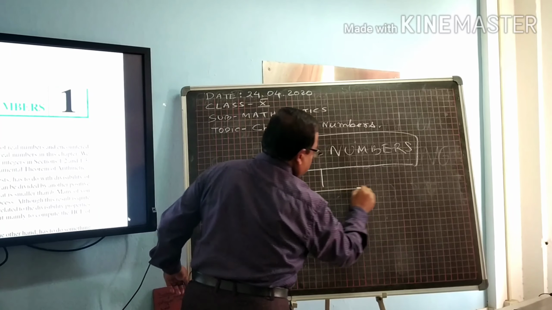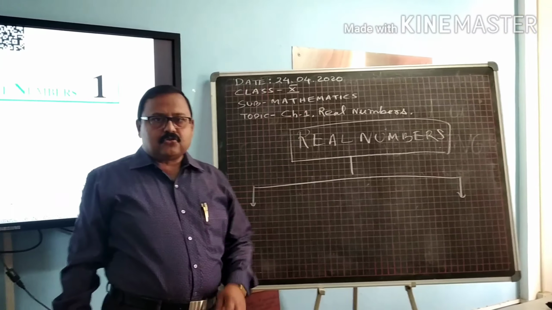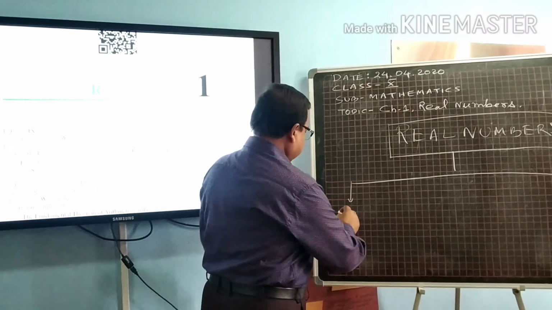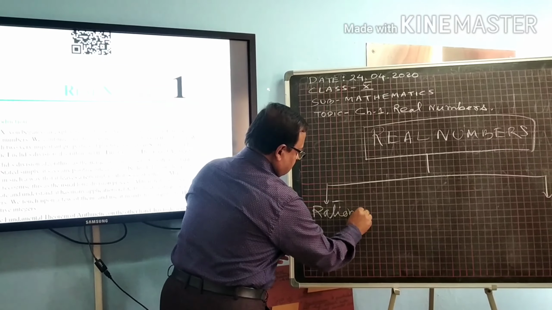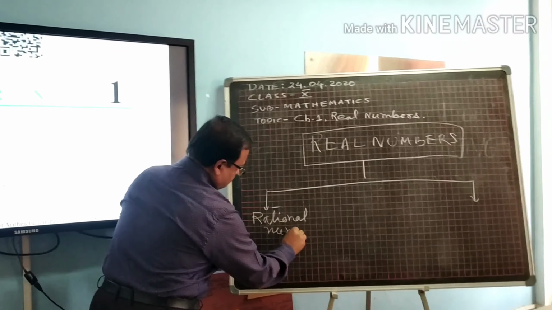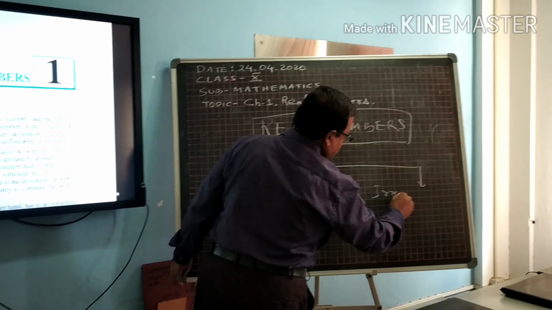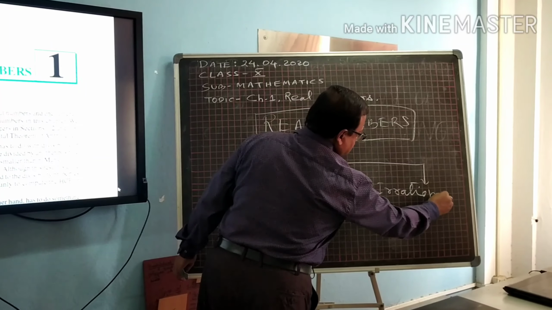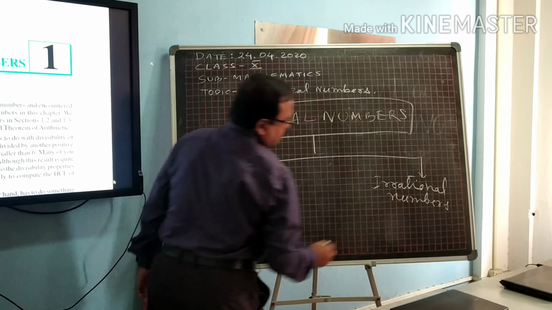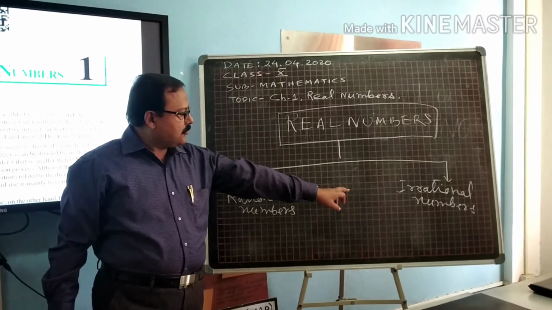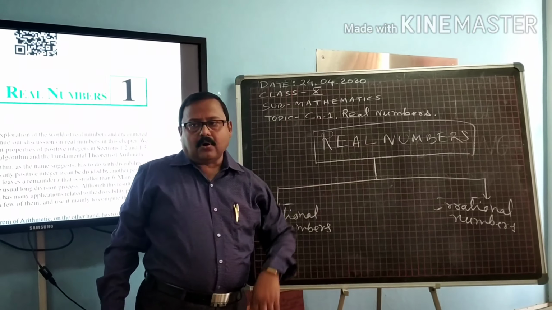Real numbers are constituted mainly by two kinds of numbers, that is rational numbers and irrational numbers. Rational numbers and irrational numbers, both together we call the real numbers.